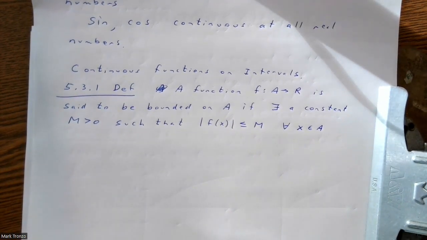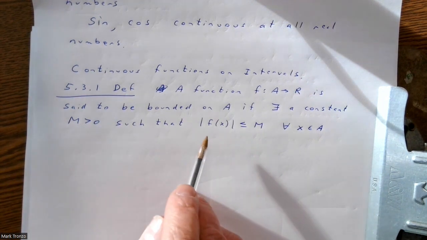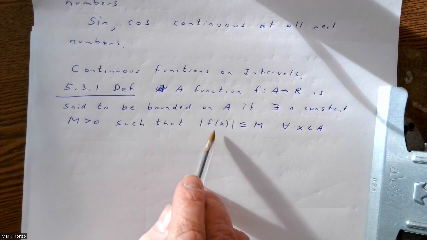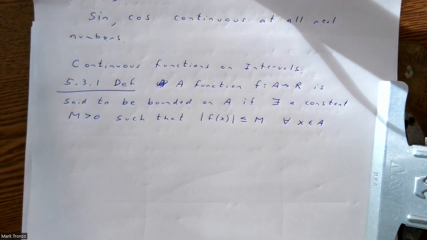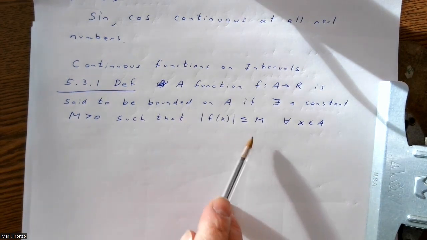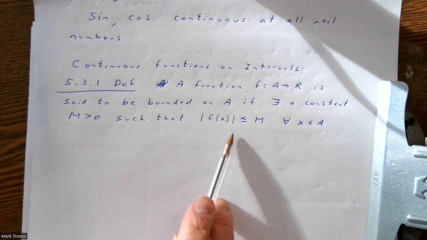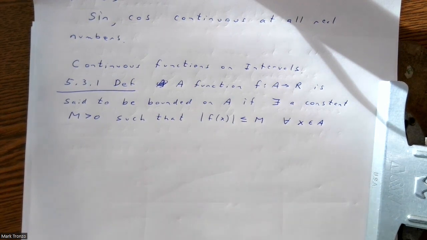Now for sequences, we just said that they're bounded if they're bounded below and bounded above. For functions, they usually do a shortcut. They just use an absolute value that takes care of everything. So a function may or may not be bounded everywhere, but it could be bounded on specific intervals.